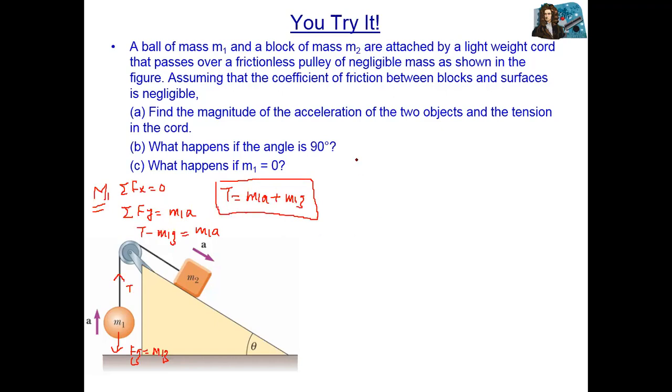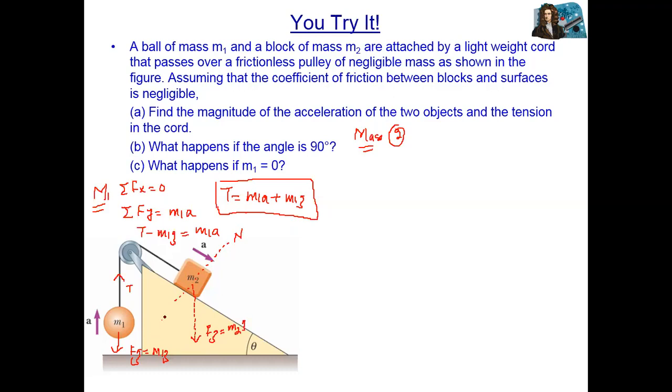Now for mass number 2, how many forces are on mass number 2? You can see the normal force, this one is the normal force. We have the gravitational force F2g, which is equal to m2g.